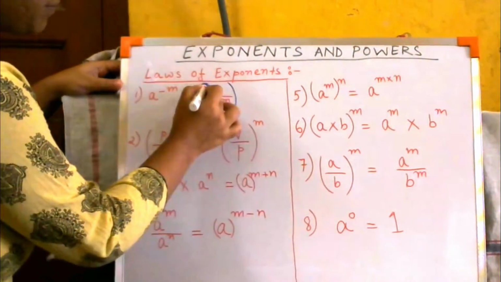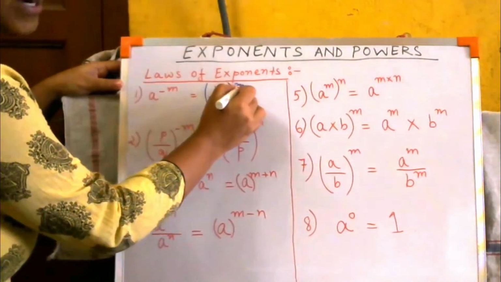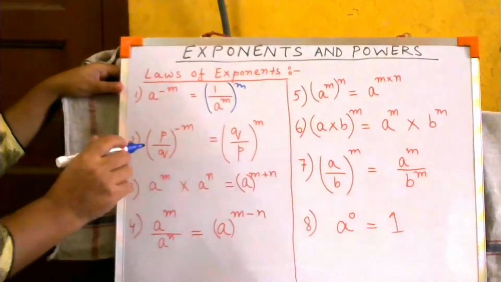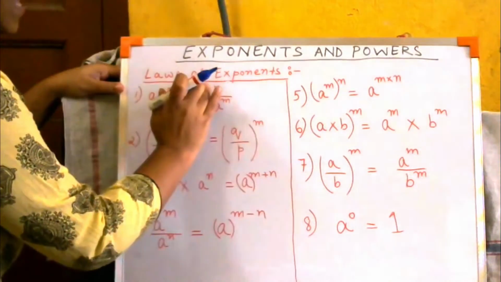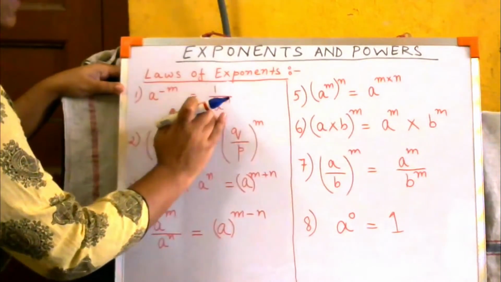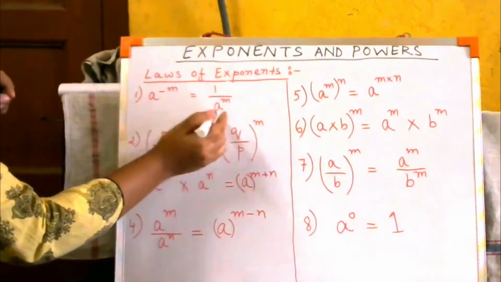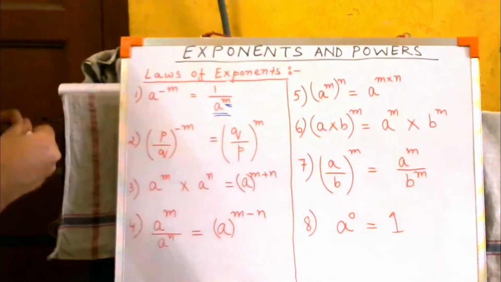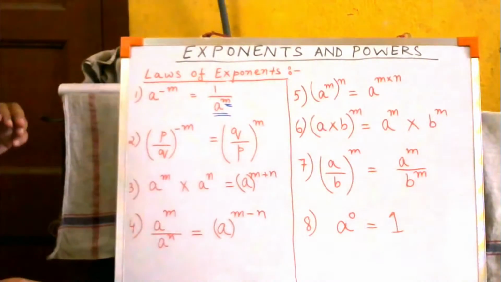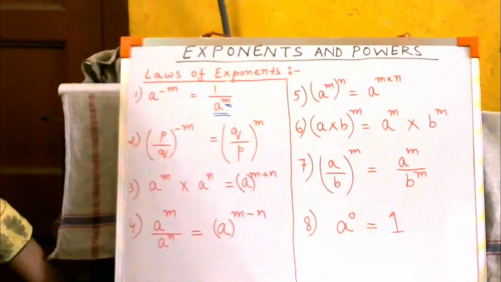If you are writing the power like this, 1 by a to the power m, then that is wrong. You have to write it just for the a. The power m is only for a. That is why we are writing 1 by a to the power m. I guess you people are understanding. If there are any doubts, of course you are going to clarify your doubts later.